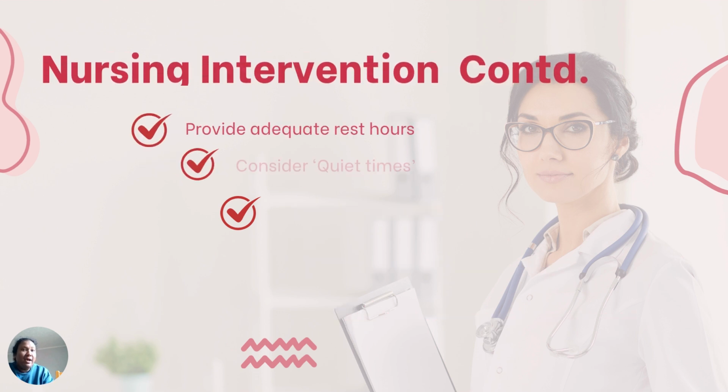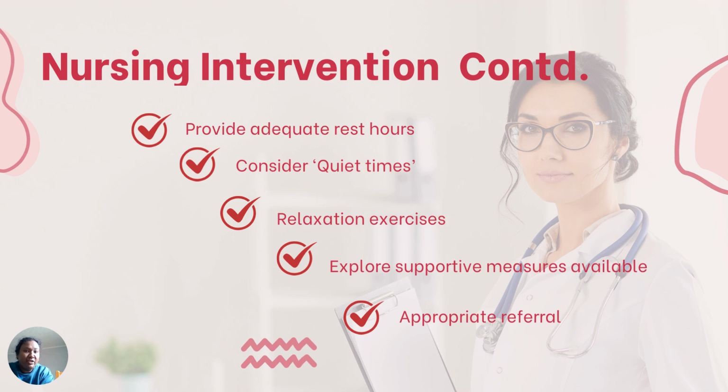The next intervention is to provide adequate rest hours. As an example, if your patient is in a mental health setting and has anxiety, for whatsoever reason, he or she might have continuous schedules for occupational therapy sessions, social worker sessions, or in the evenings they might have outdoor games.